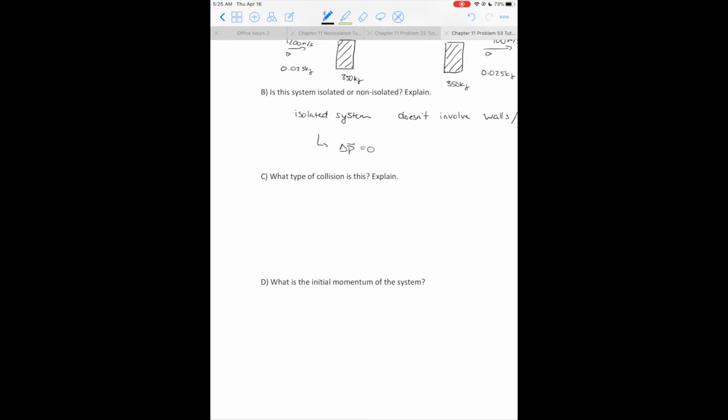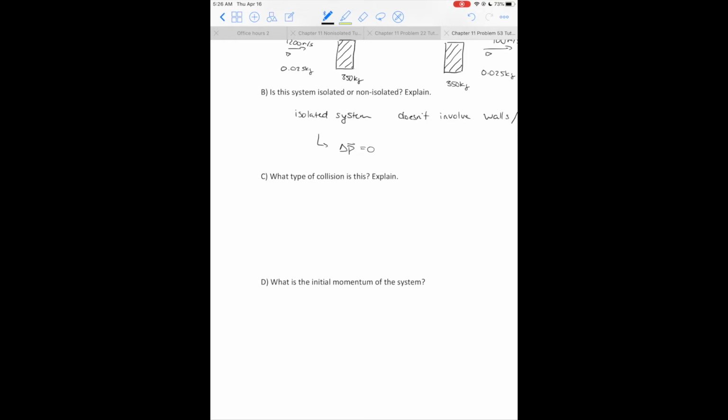You see that if you shoot a light bullet into a thick block of wood. You can talk about the system then as one mega system at the end. That is perfectly inelastic. This is clearly not that, and it's clearly not elastic either.